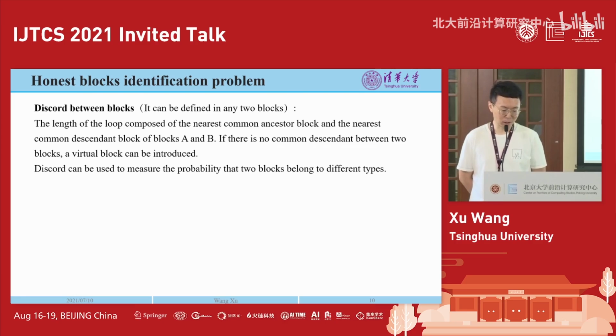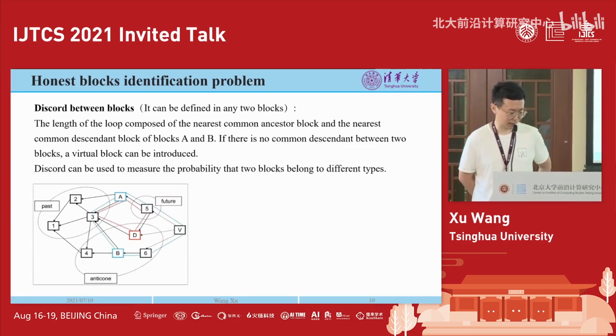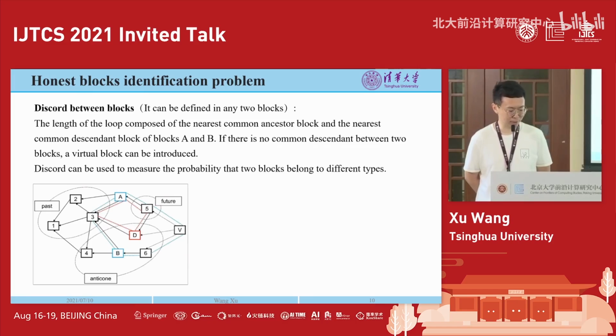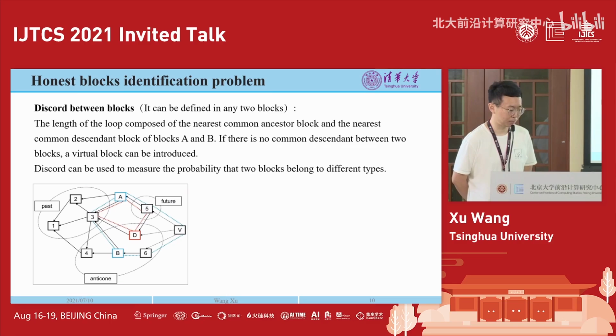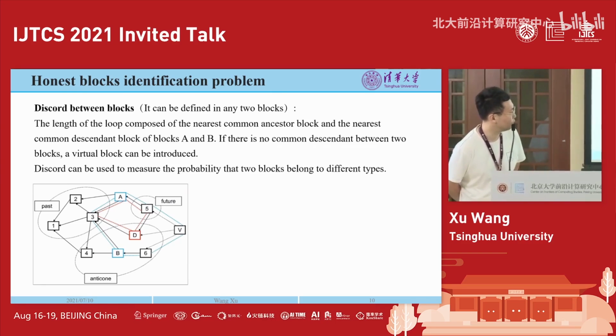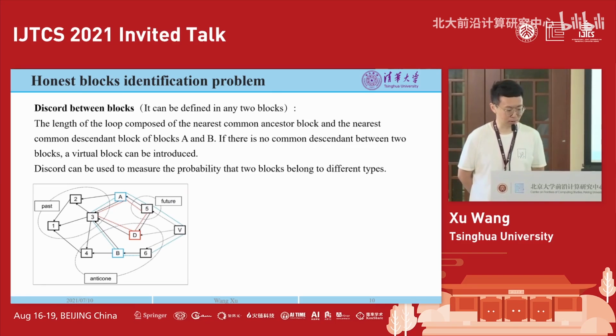If there is no common descendant block between 2 blocks, a virtual block can be introduced. We give an illustration to help you understand the definition. For example, the discord between blocks A and B is 6. That's the number of blue lines in the figure. We introduce a virtual block V. As for blocks A and D, the discord between them is 4.